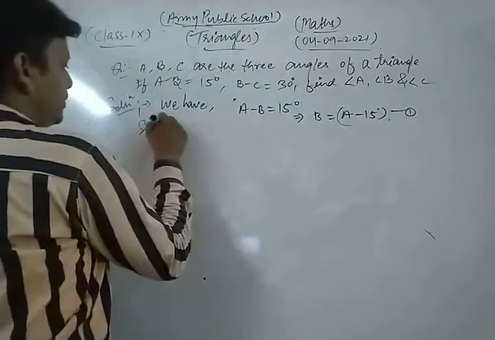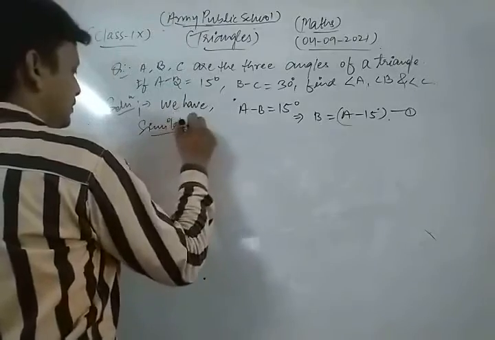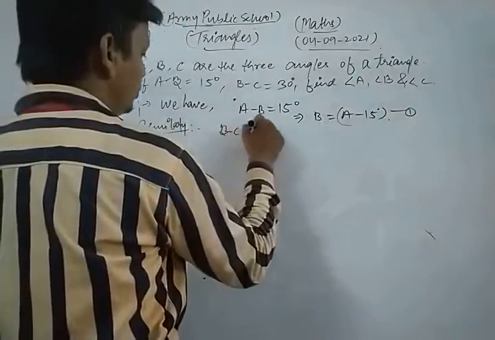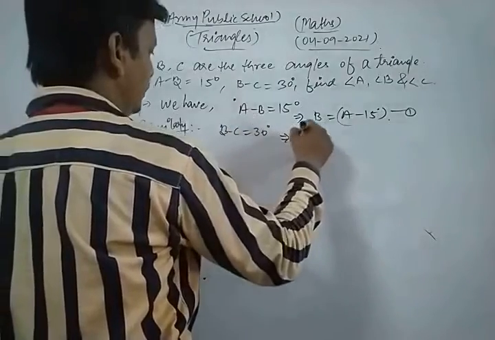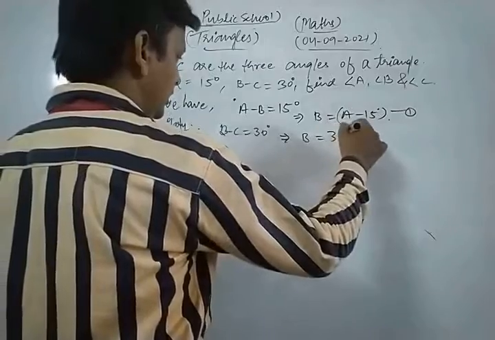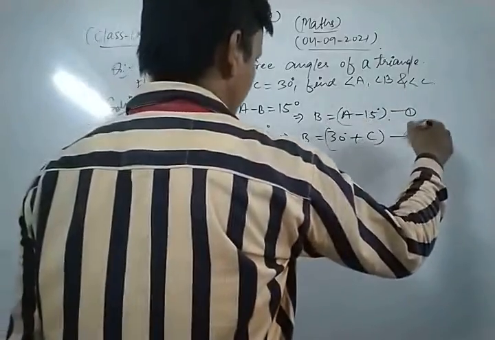Similarly, B minus C is equal to 30 is given, so we write angle B is equal to 30 degrees plus angle C. We take this as equation number 2.